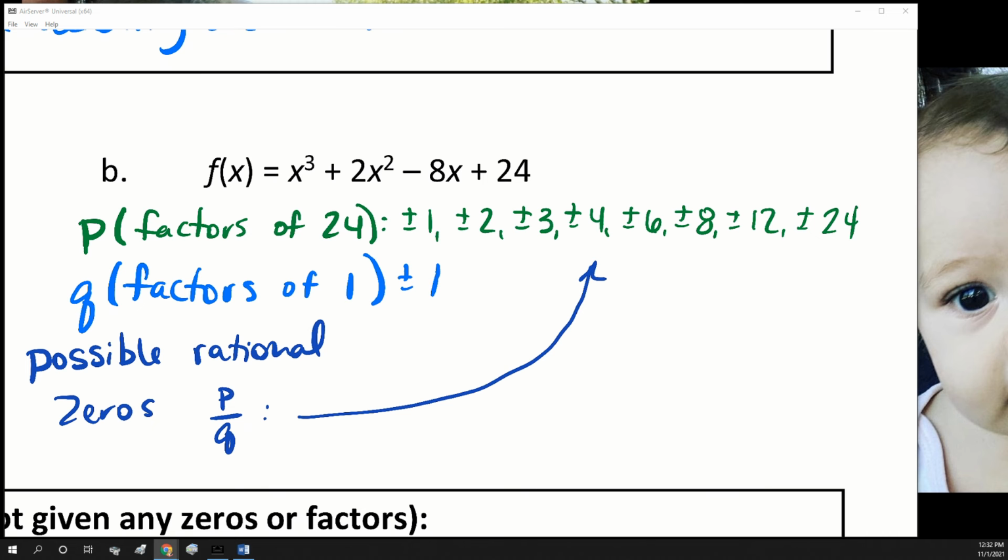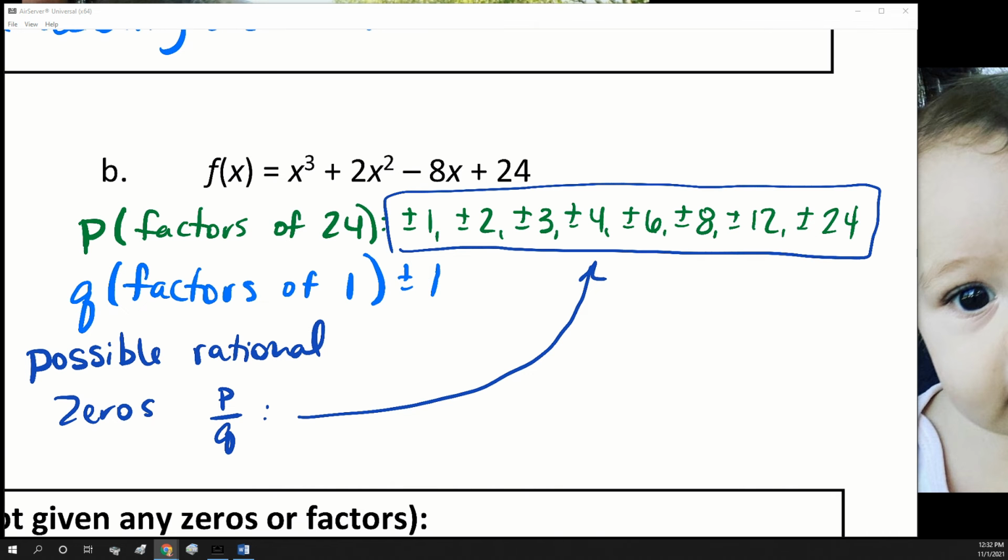I don't feel like rewriting it, so I'm just going to draw an arrow. Right, so if this function has a 0 that is a rational number, it is in that list.